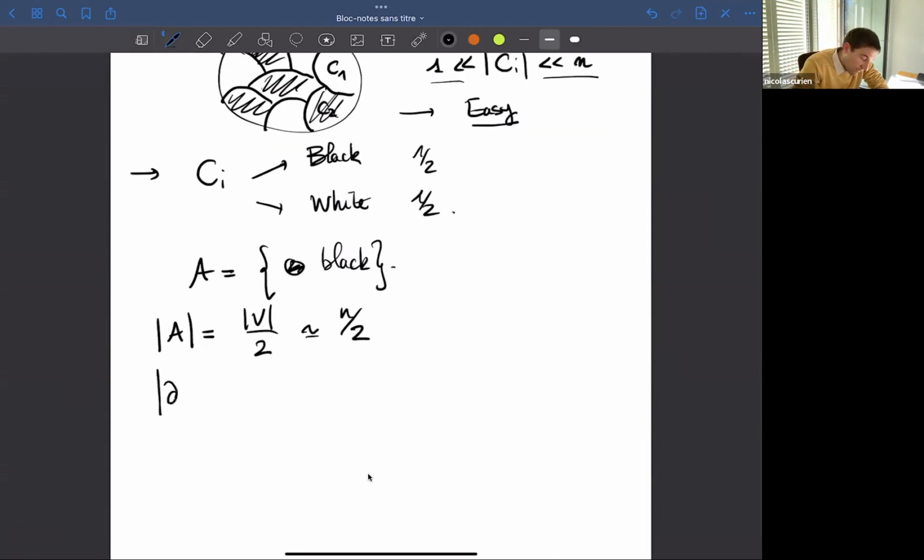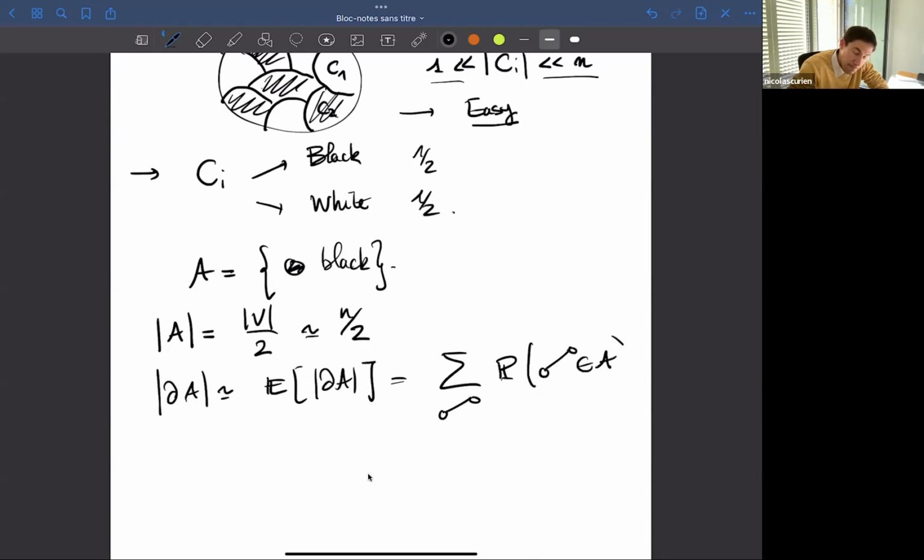Now, what is the size of the cut between A and its complement? Again, you have to believe me, it's concentrated around the expectation, and the expectation is the same thing. You sum over all edges the probability that your edge is in the cut. By the way, in A, you are not just saying the number of black packets, but rather all the vertices covered by them, right?